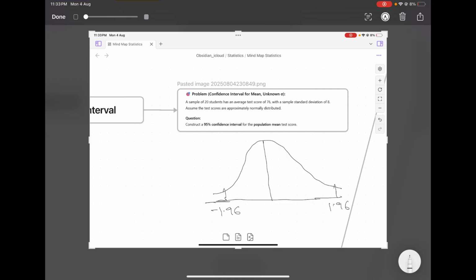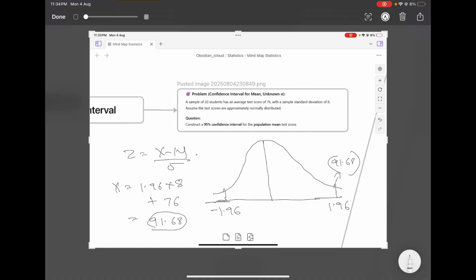So we got the Z score, and Z is equal to x minus mu divided by sigma. You can substitute here and get x is equal to 1.96 times 8 plus 76, which is 91.68.